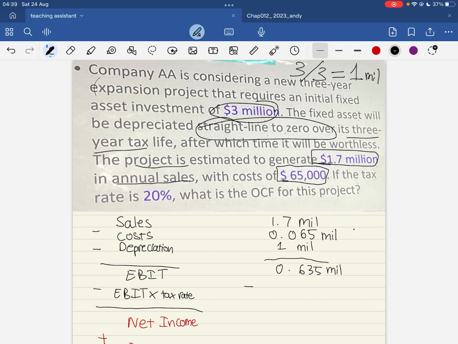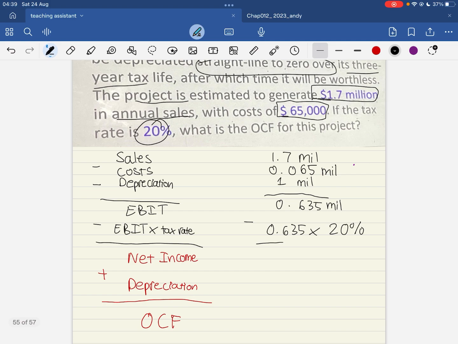Minus the EBIT times the tax rate, which is 0.635, we just found it, times the tax rate. So what is the tax rate? Oh, it's 20%. So 20%. So the net income will be equal to 0.508.